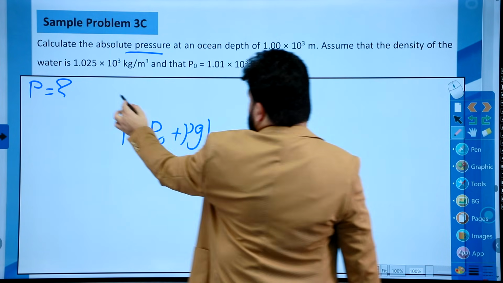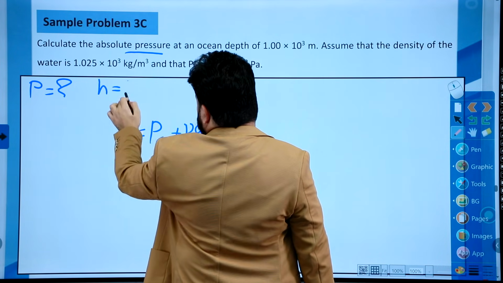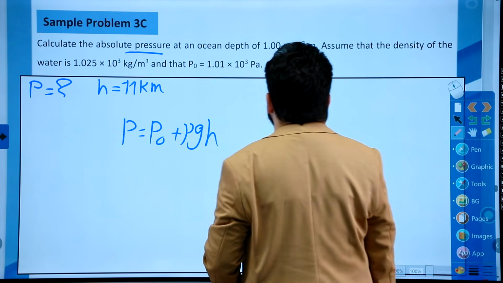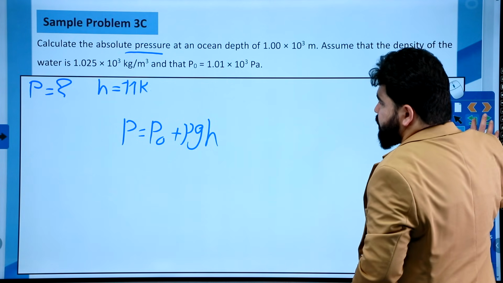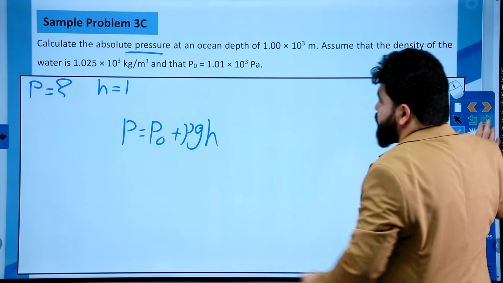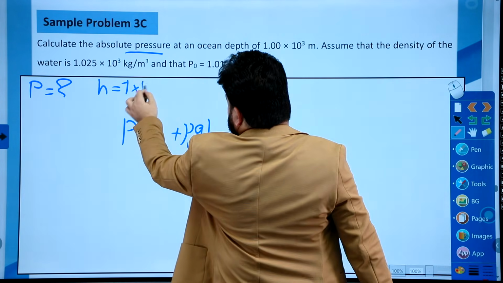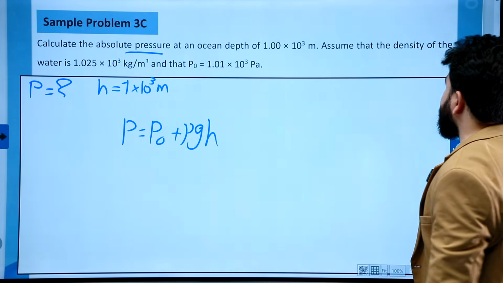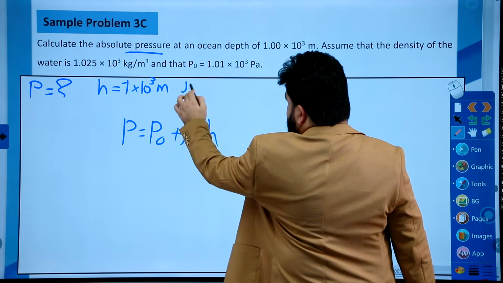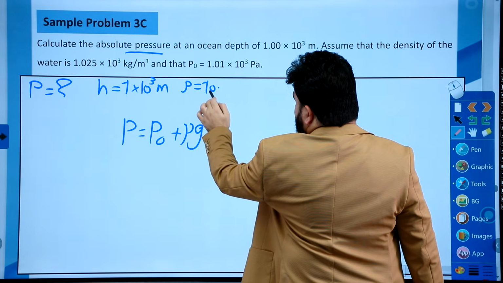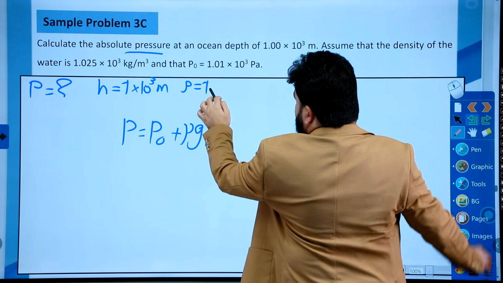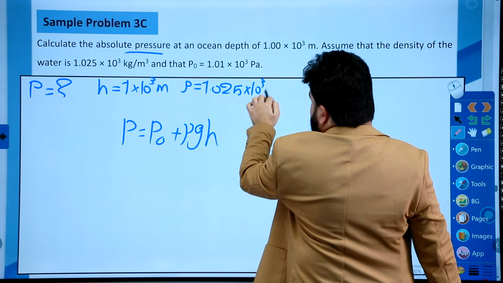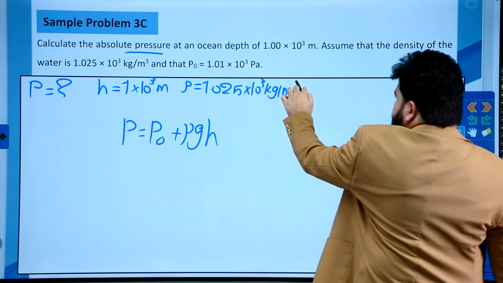At an ocean depth, so depth means height, 1 times 10 to the power of 3 meter. The questions are the same. Assume that the density of the water, rho, is equal to 1.025 times 10 to the power of 3 kilogram per meter cubed.